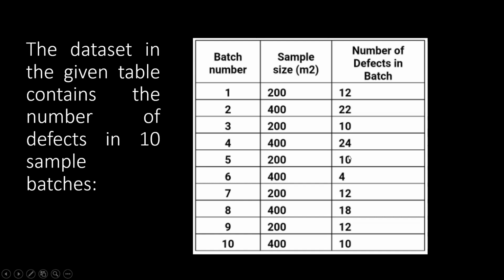So shoe size 4, you sell 2. Shoe size 5, you sell 5. Shoe size 6, you sell 32, 7, 33, 8, 33, 10, and 25. So when you look at this data, you know that, okay, in this case, size 8 is the mode, right? Size 8 is the mode because you are selling the maximum number of size 8. But again, 6 and 7 are also in a similar range.